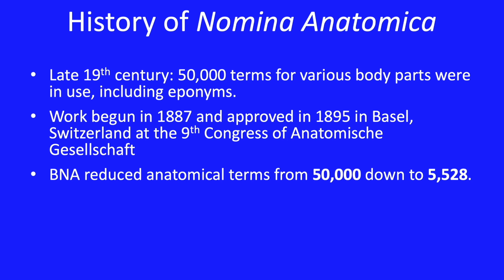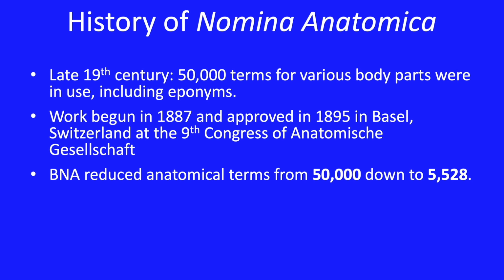A meeting was held in the late 19th century to try and make sense of the 50,000 terms for various body parts that were in use, including eponyms at the time. Work began in 1887. It was approved in 1895 in Basel, Switzerland at the 9th Congress of Anatomy Gesellschaft. Work continues to this day.